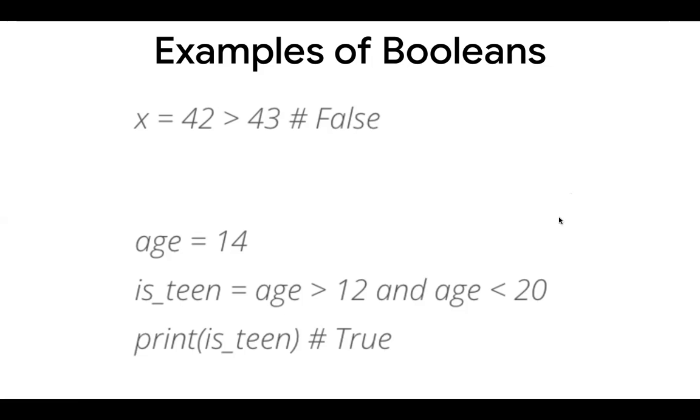So we can either put the reserved words false and true as the value, or we can use comparison operators to evaluate an expression, the result of which will be the reserved words false or true. Is it clear?